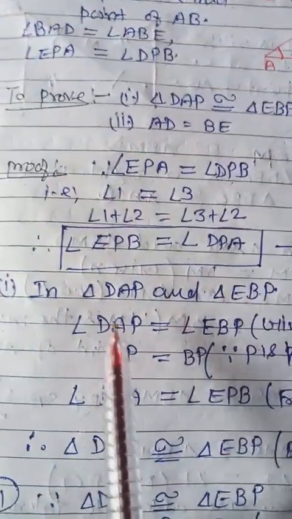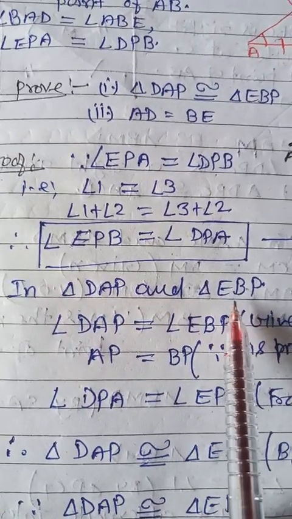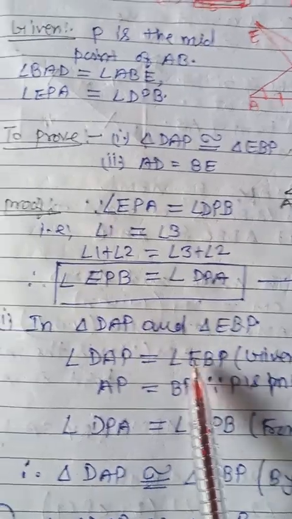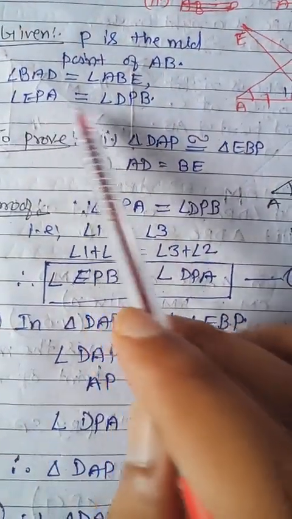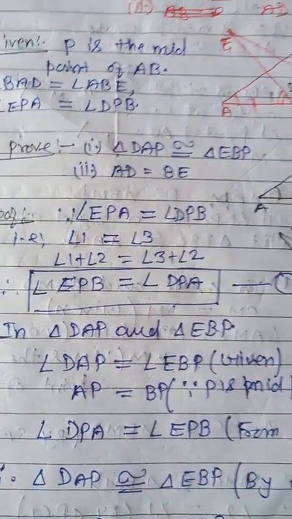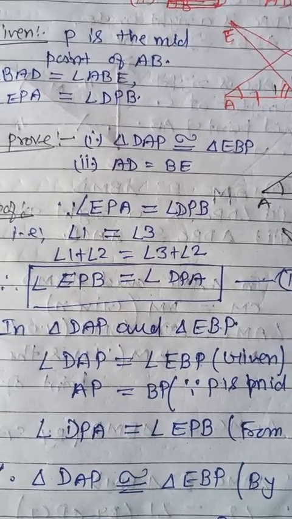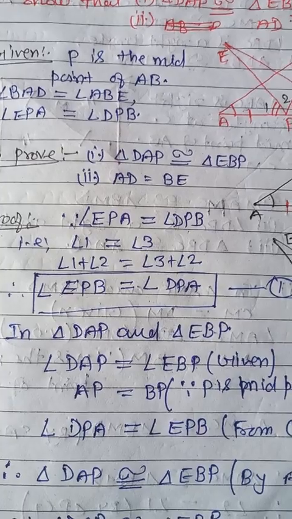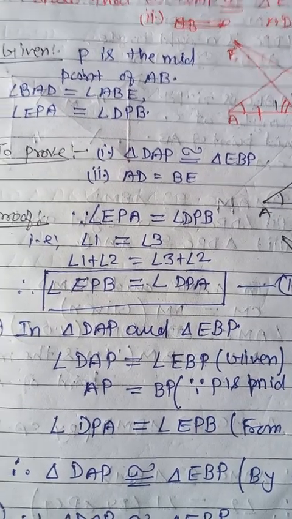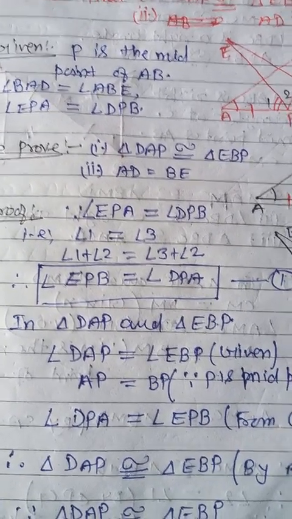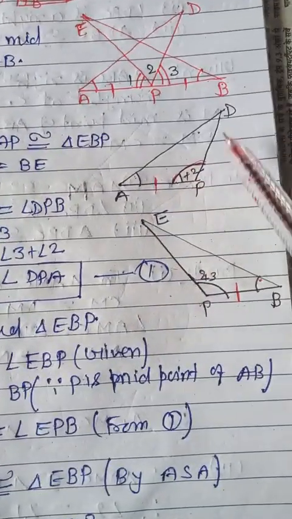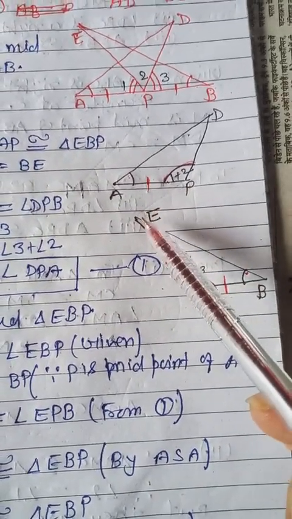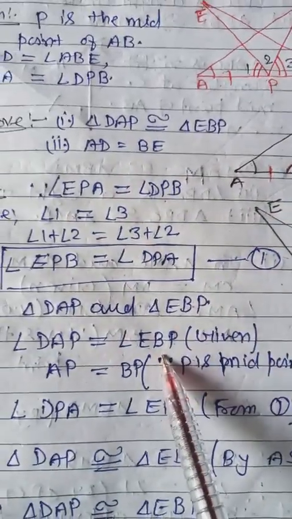So now in triangle DAP and triangle EBP, angle DAP is equal to angle EBP. This one is given.